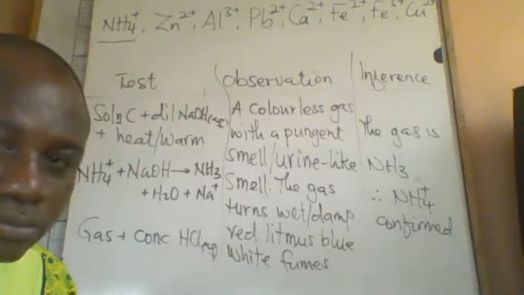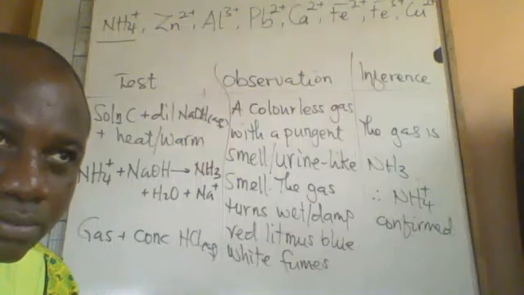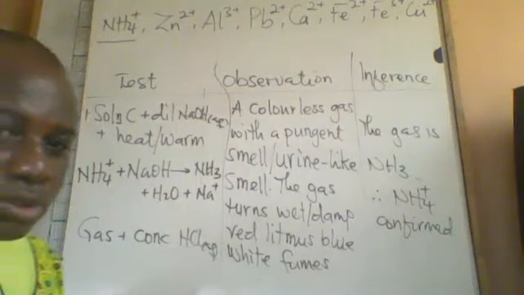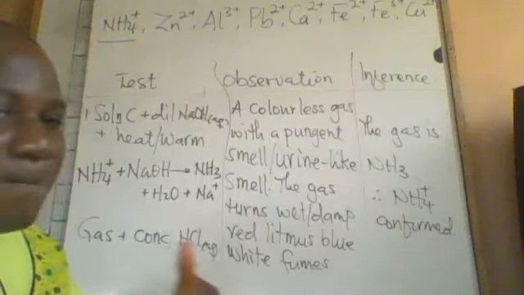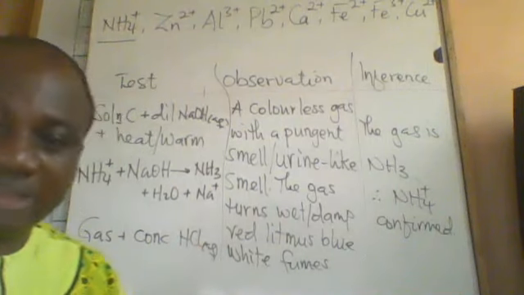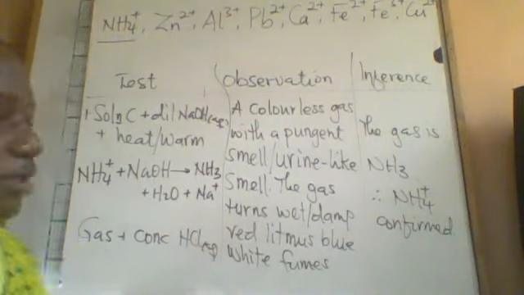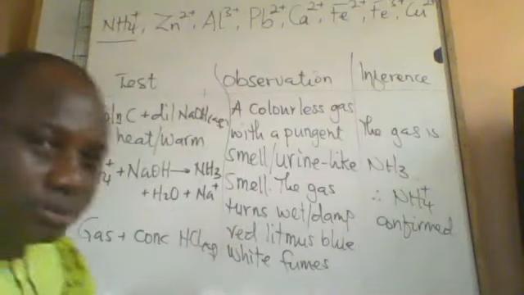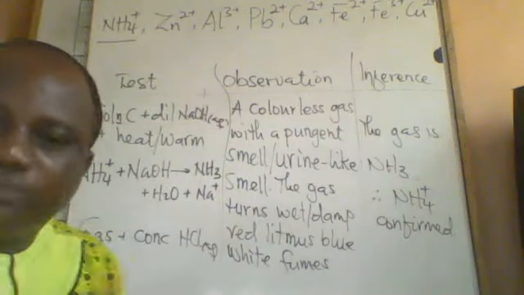So how are you able to confirm that you have the ammonium ion? Among the cations that we are going to study, it is only the ammonium cation that will give off that gas.